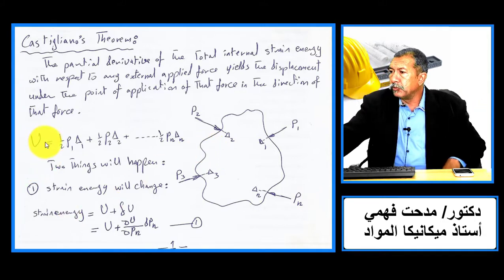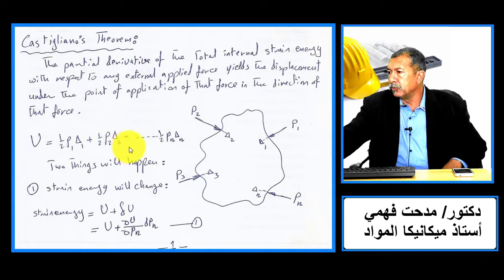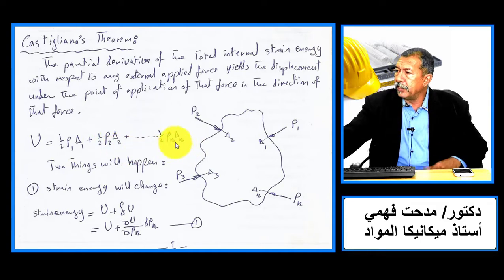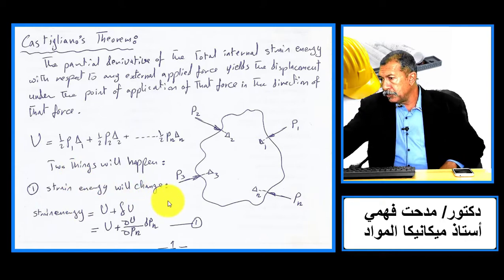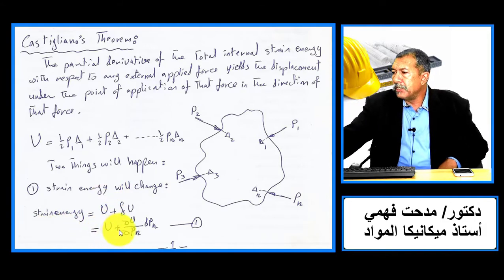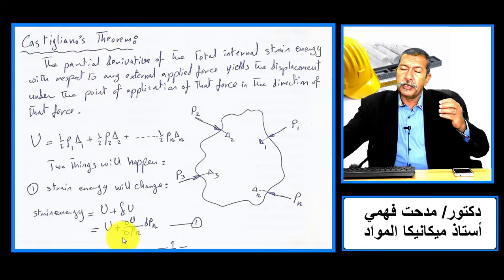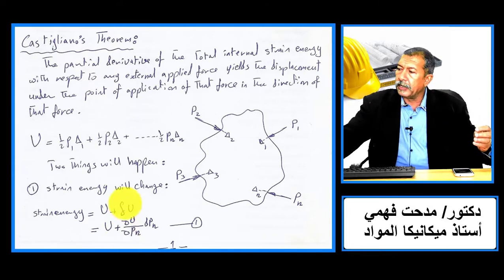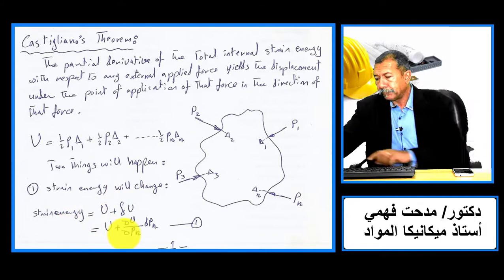So we can put U in general as half P1 delta 1 plus half P2 delta 2 up to half Pn delta n. From this formula we can reach that the strain energy can be U plus a partial, or a little amount, of strain energy.